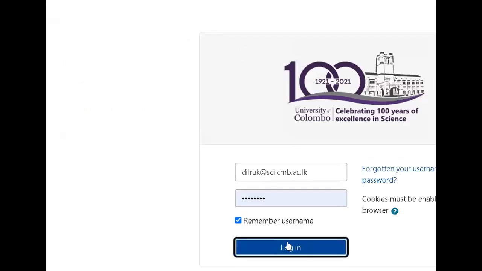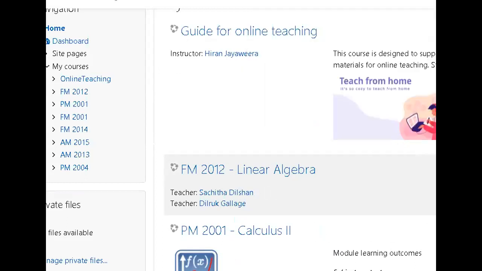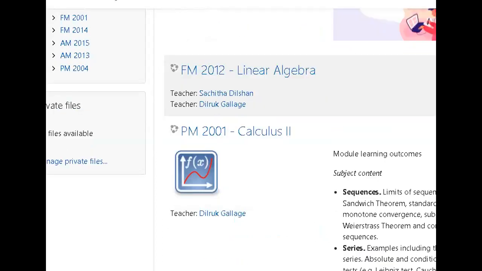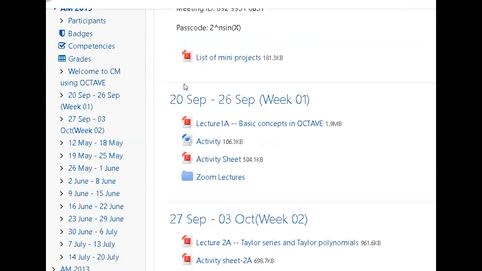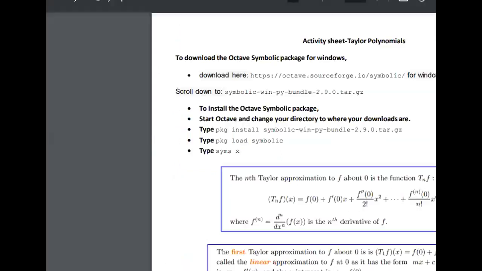This is the first activity. Download this, open this one, and we will get this one, right?